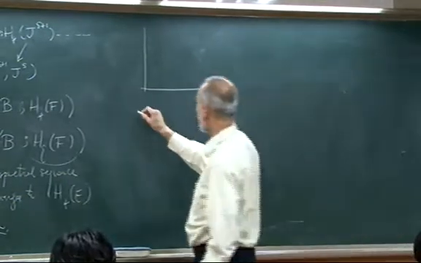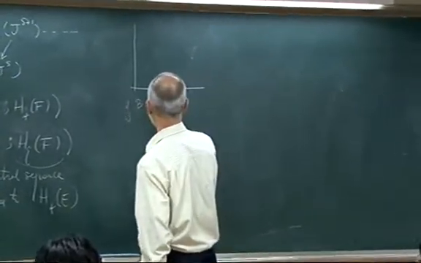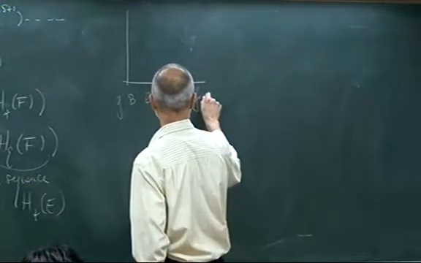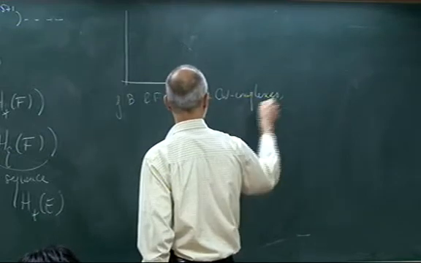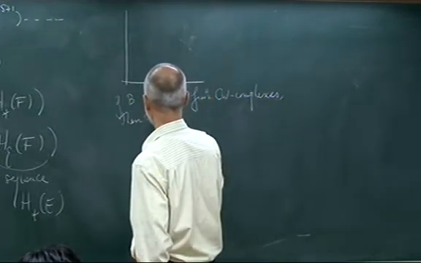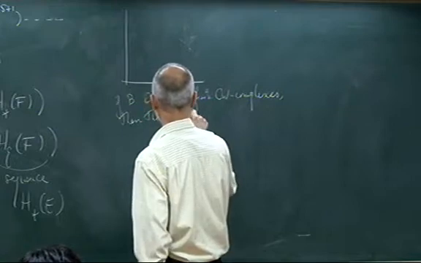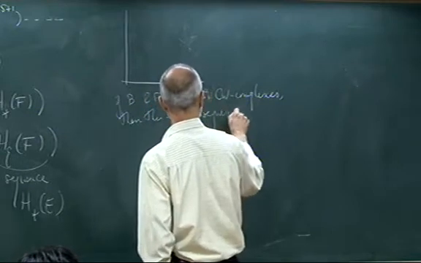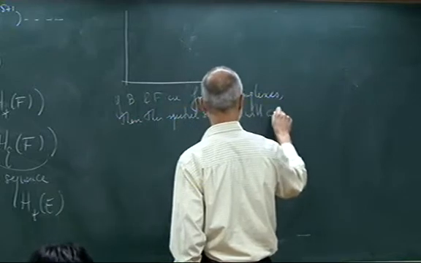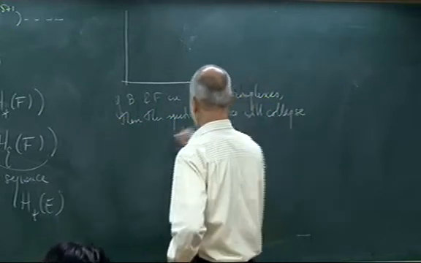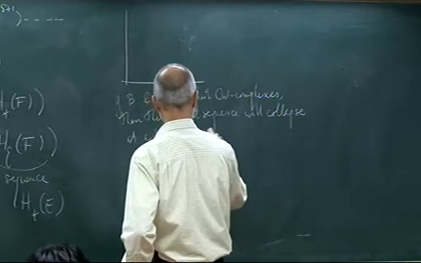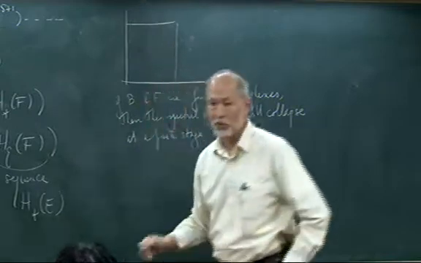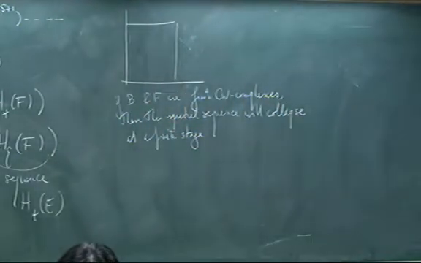And so if B and F are finite CW complexes, then this spectral sequence will collapse at a finite stage. And that's simply because it will all occupy some rectangle like this.